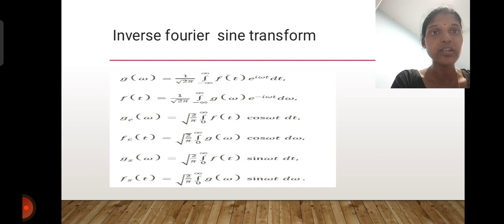This is the formula where g of t is equal to 1 by root 2 pi, integral from minus infinity to infinity of g of w e to the minus i w t dw. G c of w is equal to root 2 by pi, integral from 0 to infinity, of f of t cos wt dt. G s of w is equal to root 2 by pi, integral from 0 to infinity, of f of t sin wt dt, where f of t is equal to root 2 by pi, integral from 0 to infinity, of g of w sin wt dw. We are using these formulas in Fourier sine transformation.